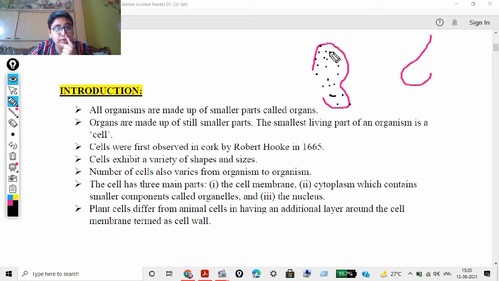Nose as an organ, ear as an organ, eye as an organ, skin as an organ. Every organ has smaller units called cells. Okay, I'll say this at last.